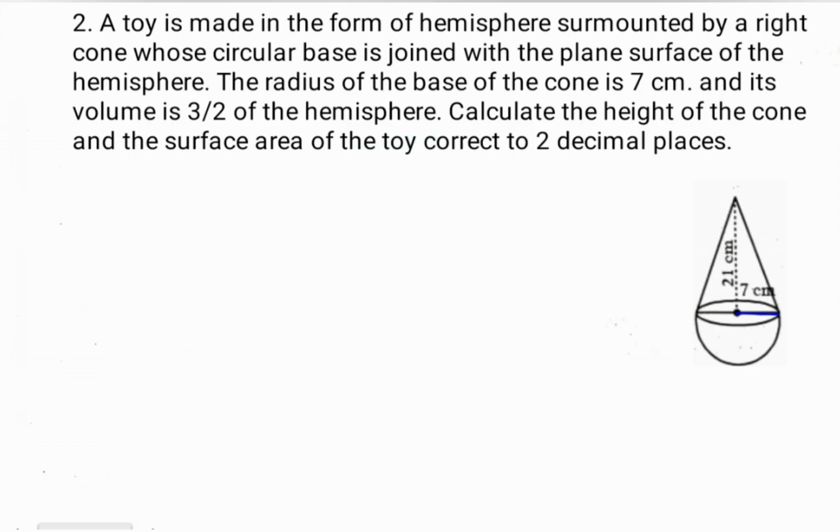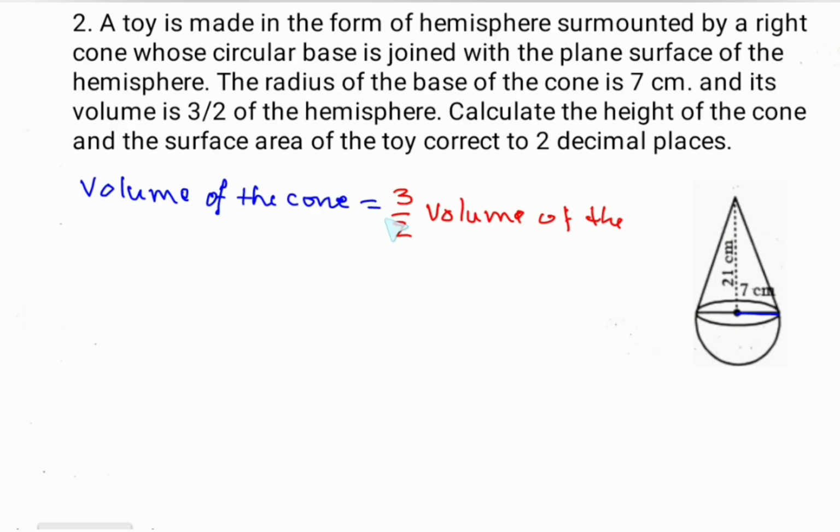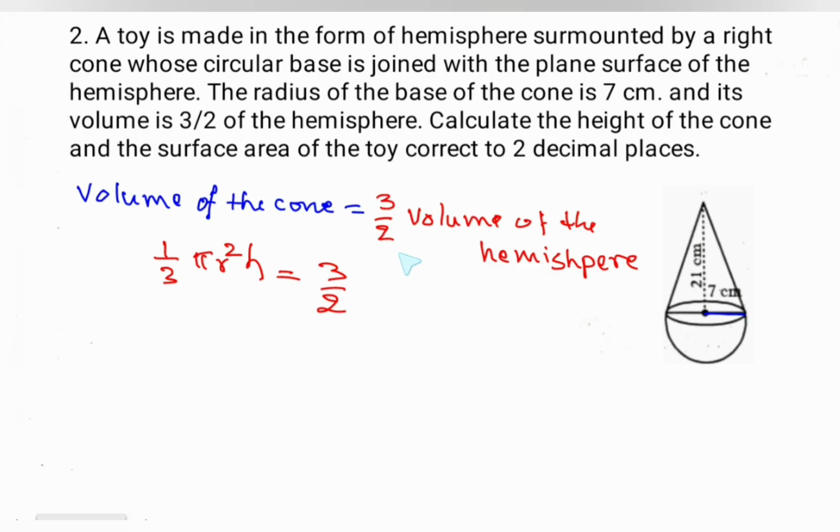That means the volume of the cone is 3 by 2 times the volume of the hemisphere. The volume of the cone is 1 by 3 pi r square h, equal to 3 by 2 into the volume of the hemisphere.